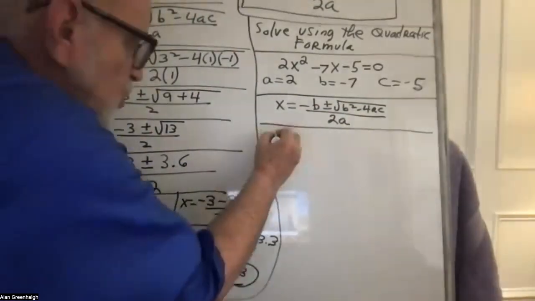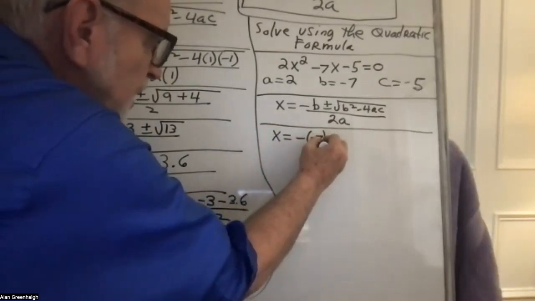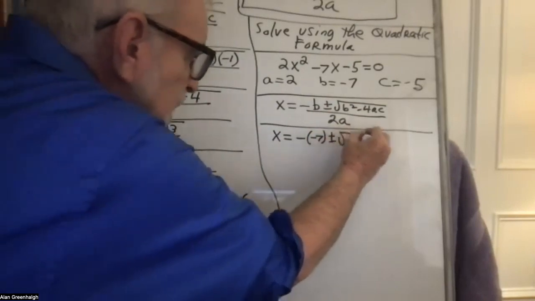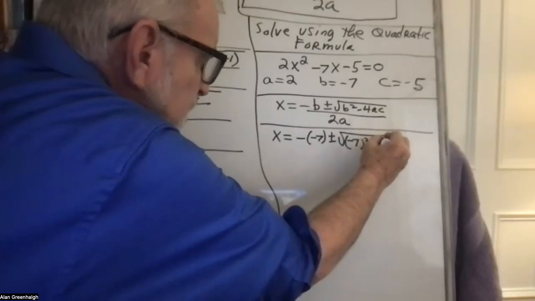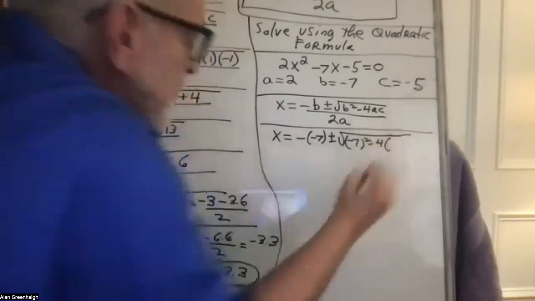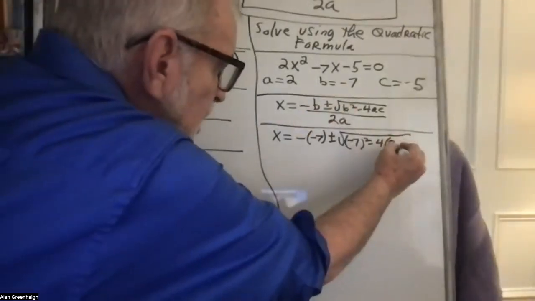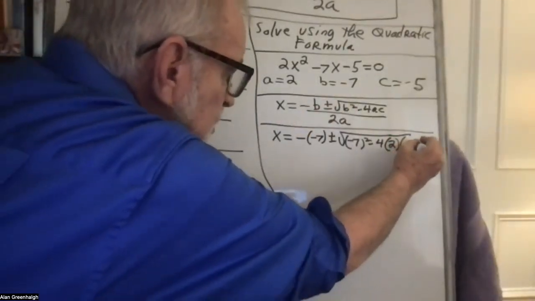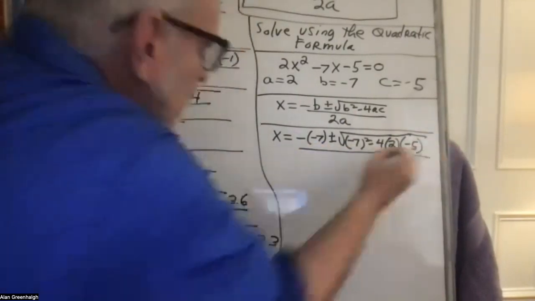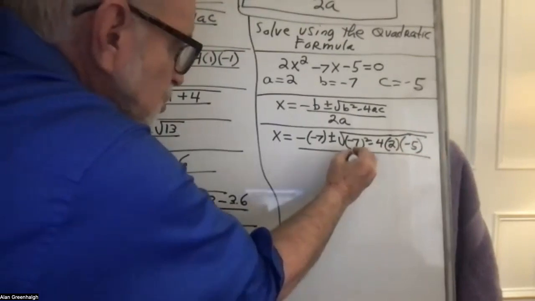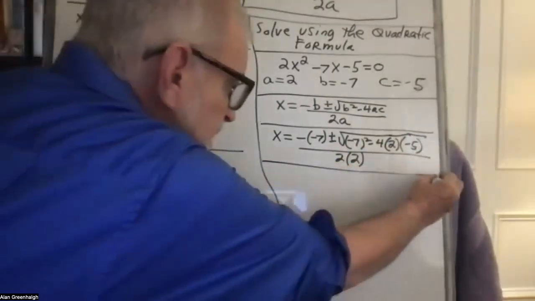Then substitute in the formula: -7 plus or minus the square root of -7 squared minus 4 times a, which is equal to 2, and c is equal to -5, divided by 2 times 2. That's all you need at that point.